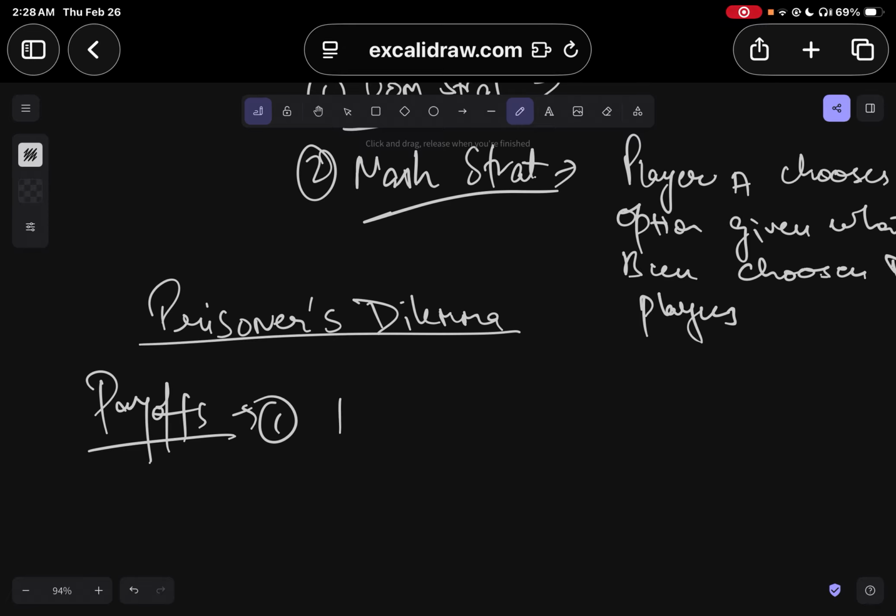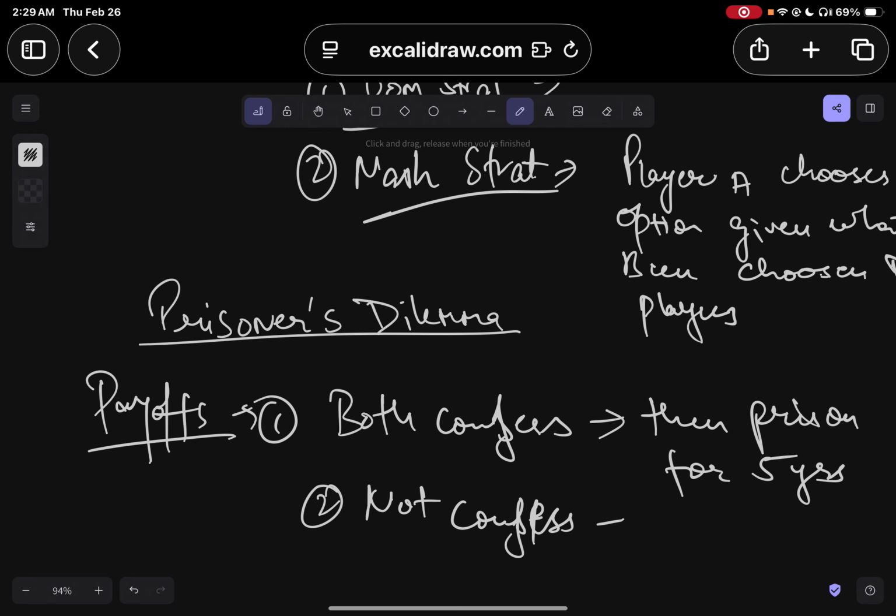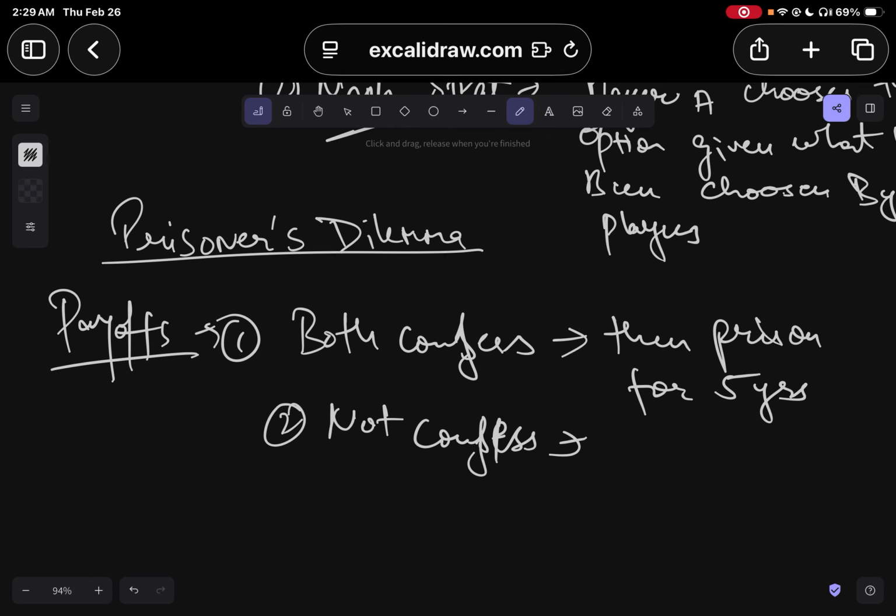If both confess, then they go to prison for 5 years. If both do not confess, they can be kept in prison for a maximum of 1 year.